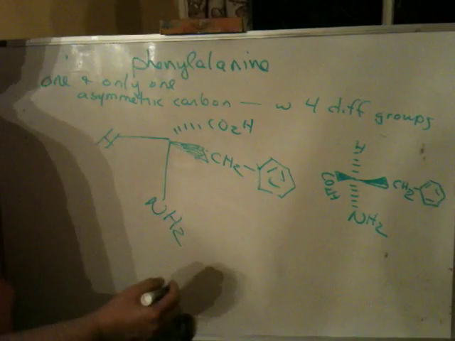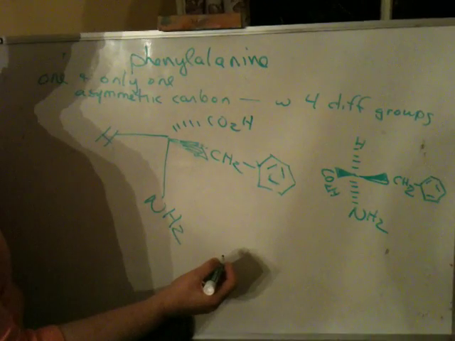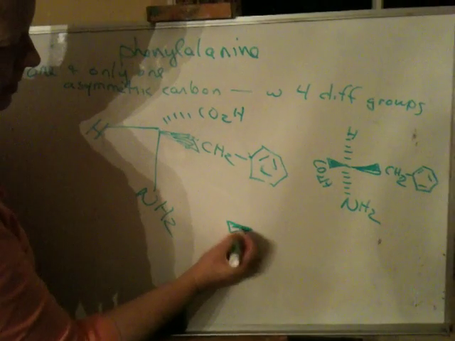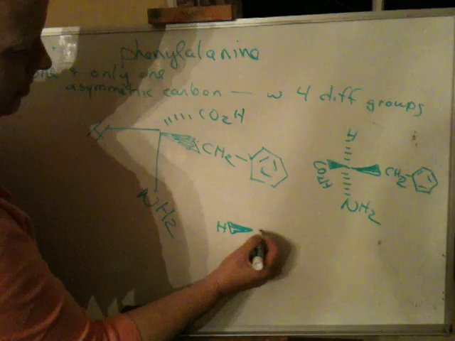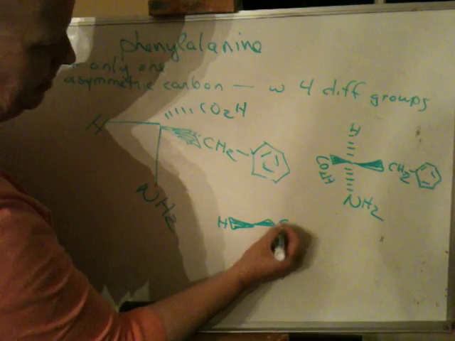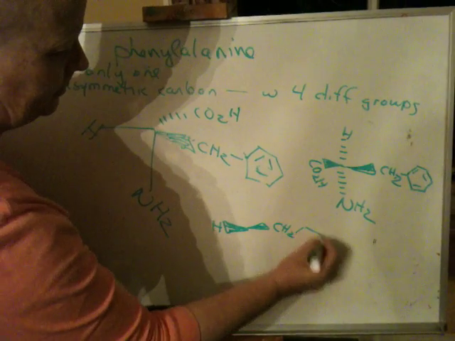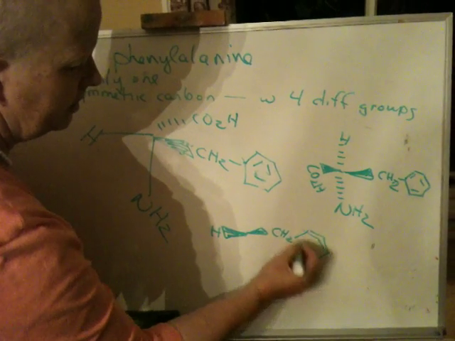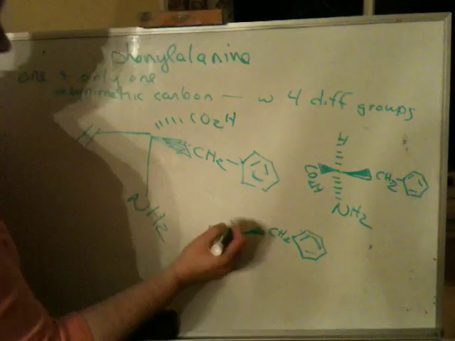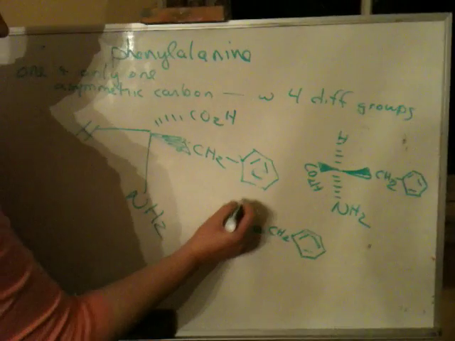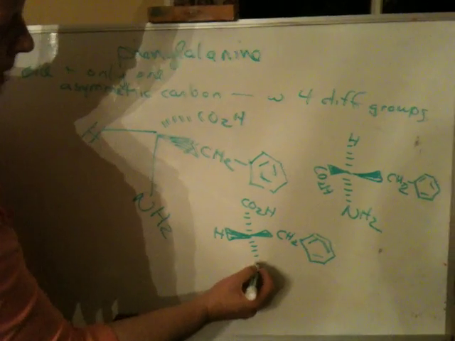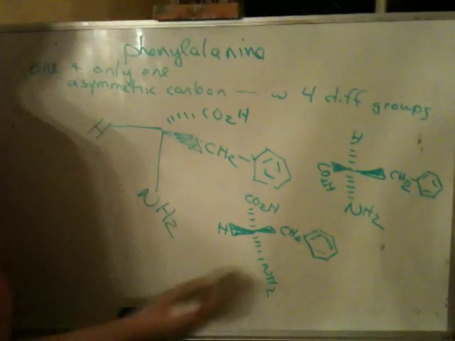And I'm going to show another one, another tetrahedron, and we're going to establish what the relationships are between all these molecules. I wish I had my models with me at home, but I don't. So I'm just drawing all different perspectives on phenylalanine, but the truth is there's two phenylalanines.